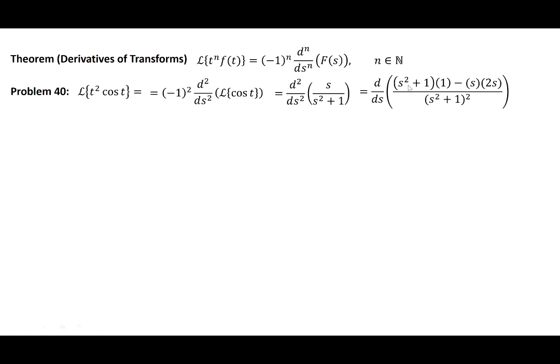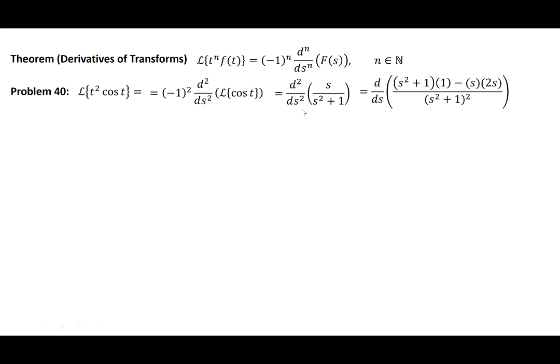The low, the denominator, times the derivative of the high, which is the derivative of the numerator, minus high d low. High is the top, s. D low is the derivative of the bottom, which is 2s. Over low low, the square of the denominator. So that is when we take one derivative.